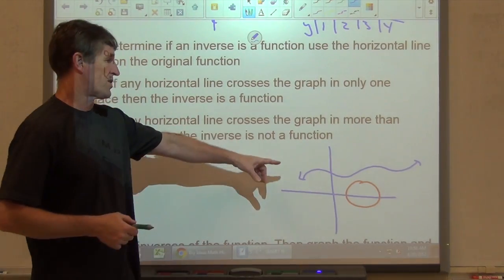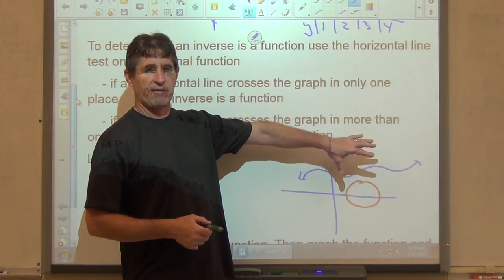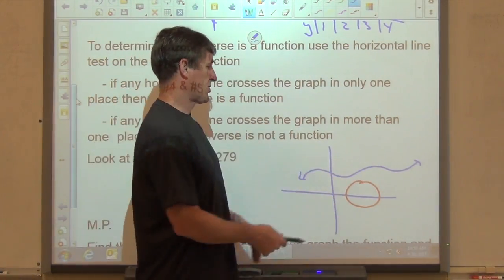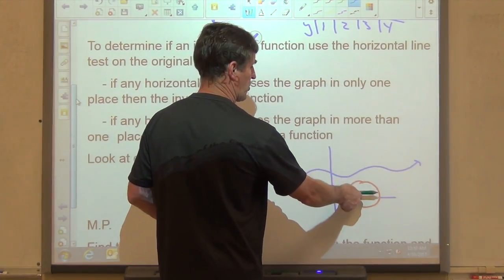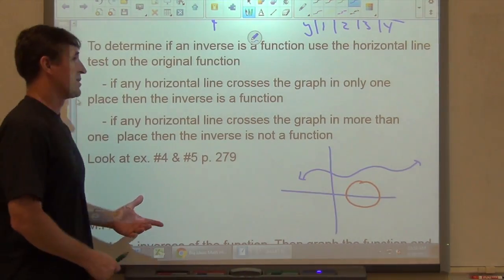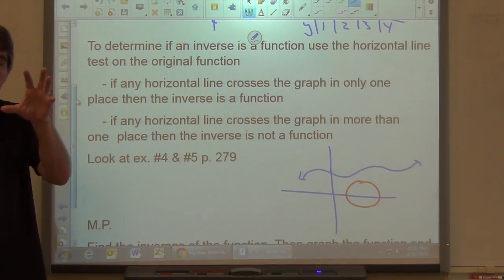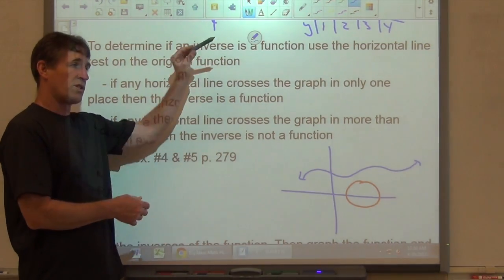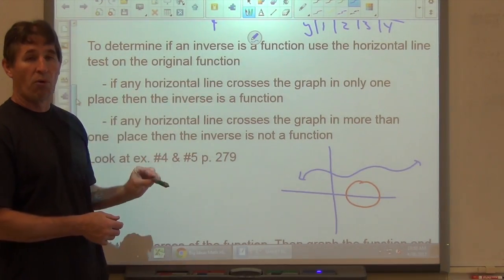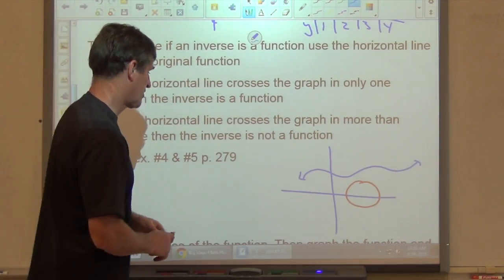And so the inverse of this would not be a function. Again, with a circle, it's going to cross on this horizontal line test more than once. So all you have to do to determine if the inverse is a function, if they give you the graph, is do the horizontal line test. If it crosses in more than one place, then it's not a function.